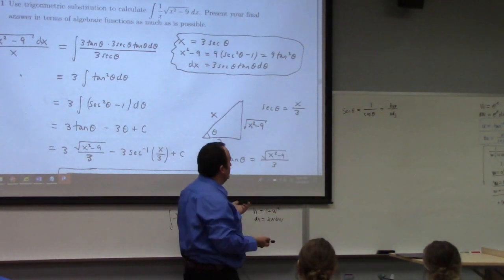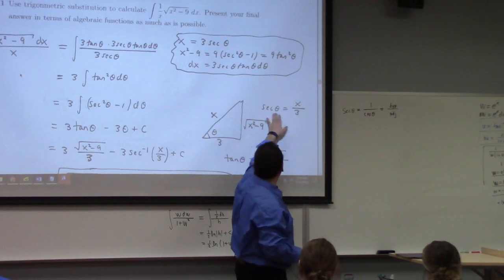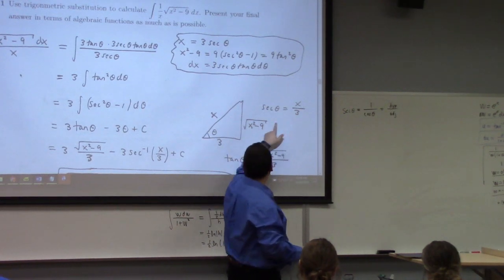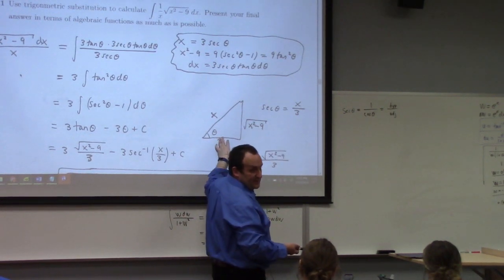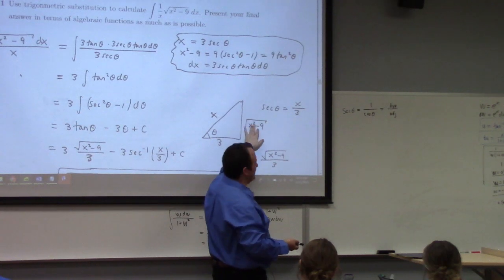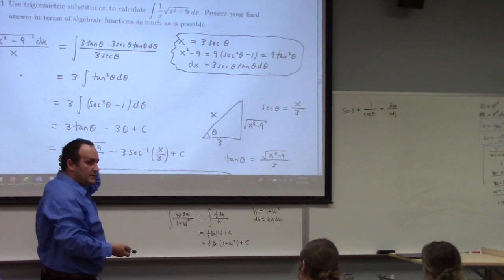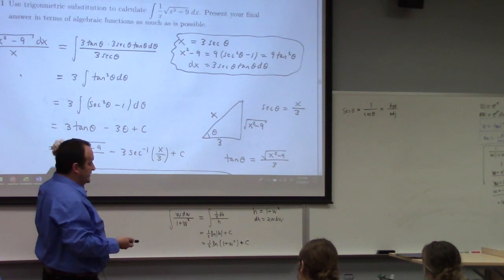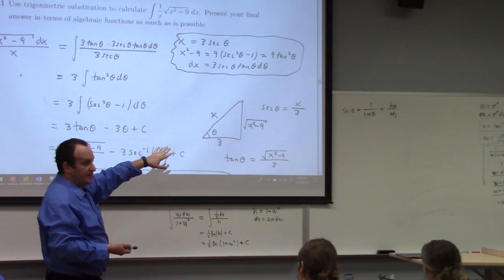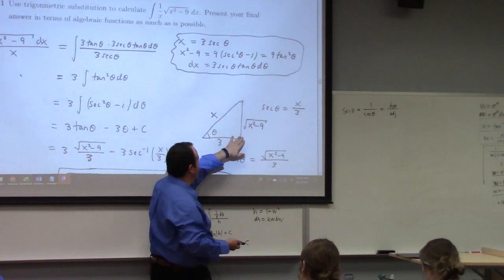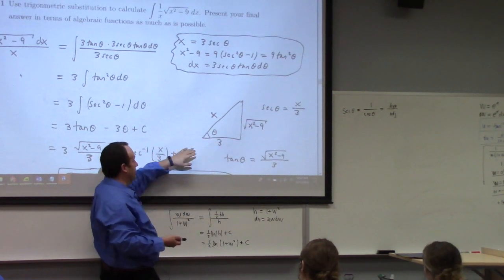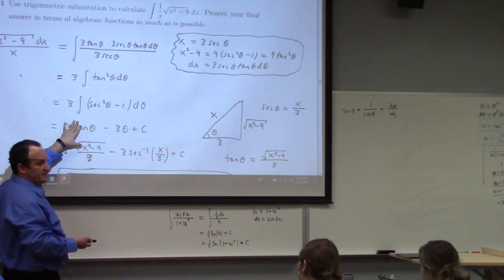I think, okay, so I'm going to make my hypotenuse x. I'm going to make my adjacent side 3. And then Pythagorean theorem does the rest. And that's it. And then once I have that, what's tangent theta? Well, tangent theta is opposite over adjacent, right? So opposite over adjacent, tangent theta, just that.